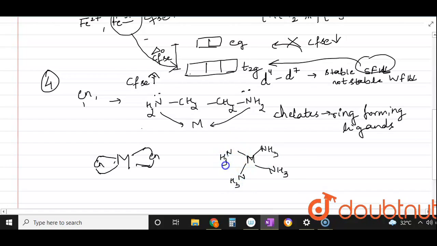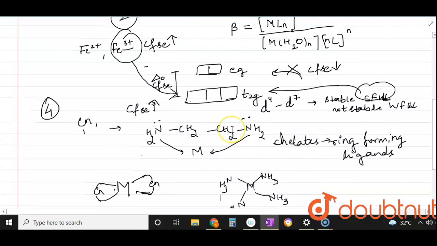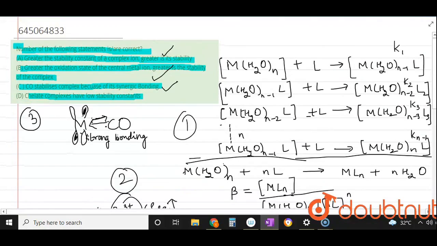This chelate complex will be more stable. Hence, the statement saying chelate complexes have low stability constant is not correct. It is not true. The rest of the statements are correct. So the answer is option A, B, C are the correct ones.